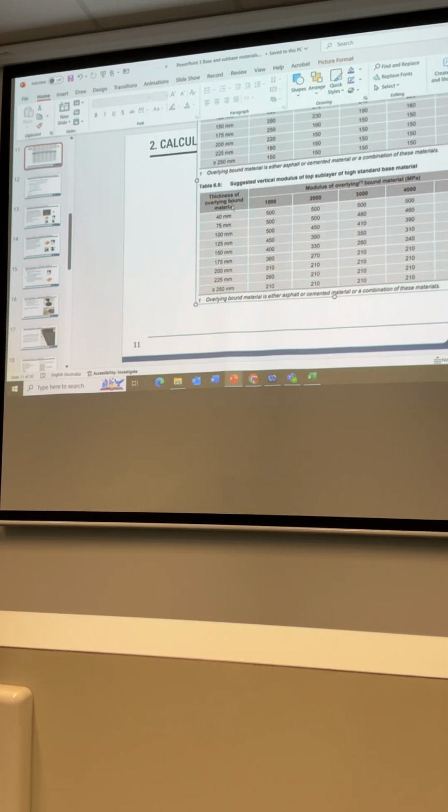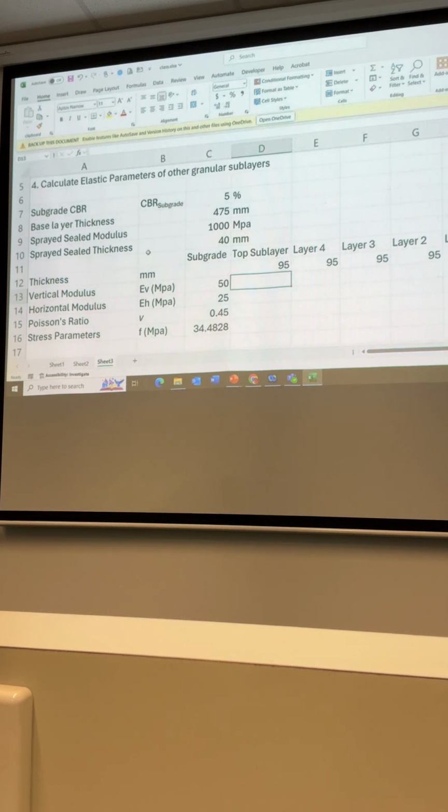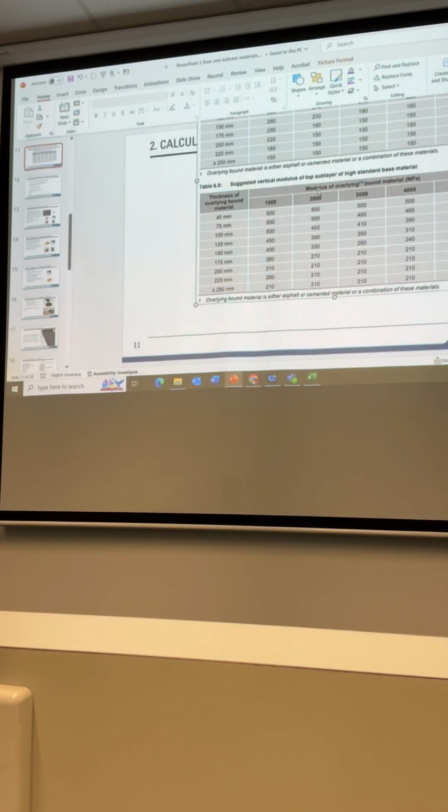What else I need to know? I need to know the thickness of the overlying bound material. My overlying bound material is my spray seal. How much is the thickness of my spray seal? 40 millimeters. And then it says how much is the module of your overlying bound material. My overlying bound material module is going to be 1,000.